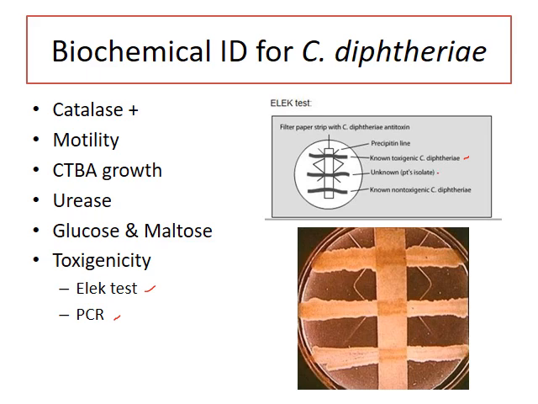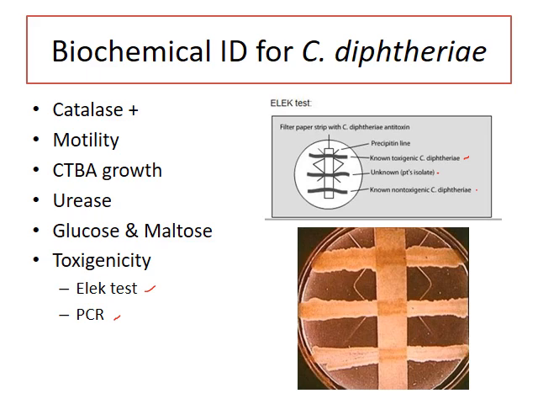The middle streak is your patient, and the bottom streak is a known non-toxigenic diphtheria. And you're going to look for precipitin lines, lines of identity that form between the organisms. So if the organism is toxigenic, you'll see lines of precipitation between the two here.